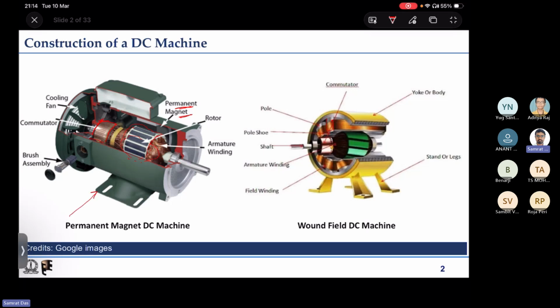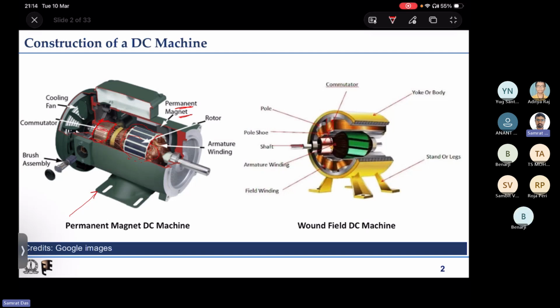If you look from this side, this is the commutator. You can see the different commutator segments, and all the coils are getting connected there on the commutator segments.